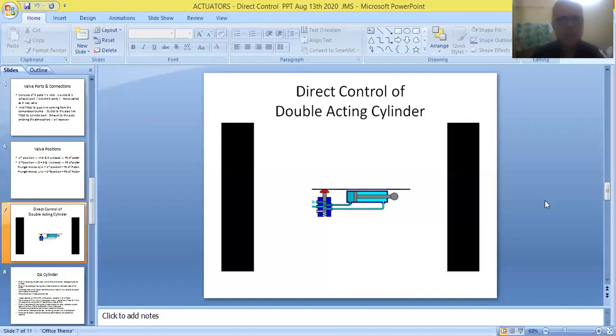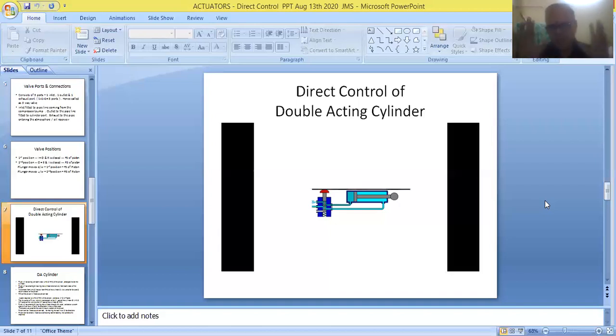As usual, if the plunger moves in the downward direction, the valve will come to the first position. That is used for performing the forward stroke of the piston. And if the plunger moves in the upward direction, naturally the valve comes to the second position. That is used for performing the return stroke of the piston.